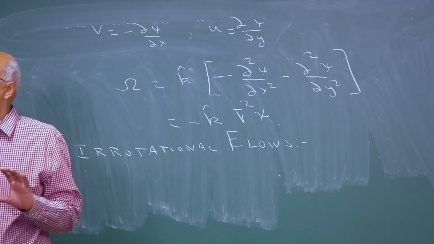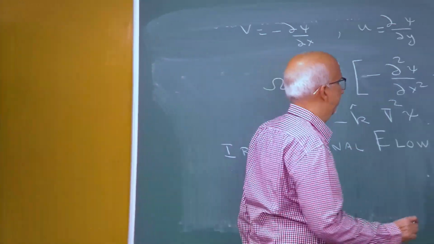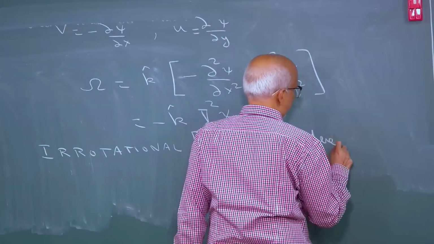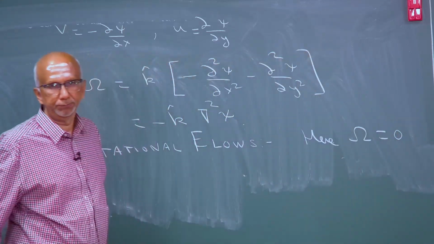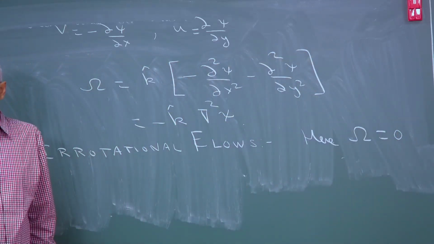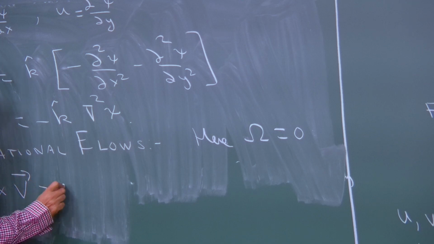Irrotational flows are flows for which the vorticity is 0. Okay. Here omega equals 0. So basically omega equal to 0 implies curl of V is 0.